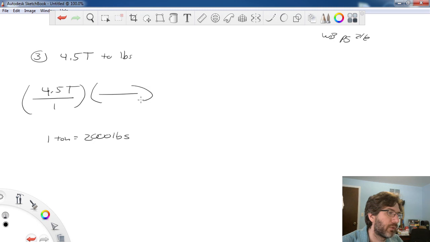So you're going to multiply it. Tons need to go on the bottom so they cancel. And 2,000 will go on top. Multiply it out. 4.5 times 2,000. Again, you can use the calculator for that if you want. 4.5 times 2,000. I should be able to do that in my head, but it's getting late.